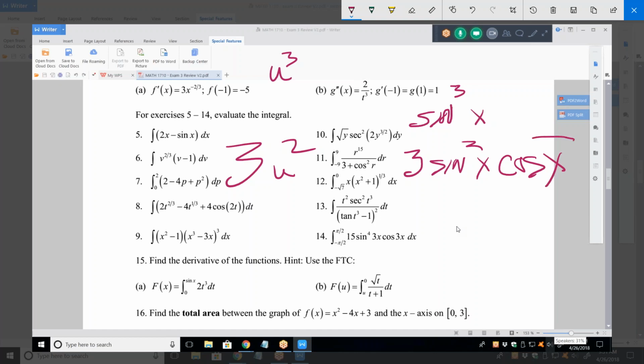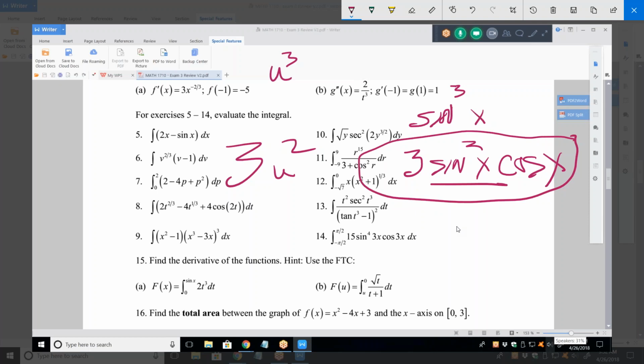So whenever you see something like that, recognize that pattern. Cosine x is the derivative of the inside of that composite function. Sine squared x is a composite function. Sine x is the u, and it's u squared.